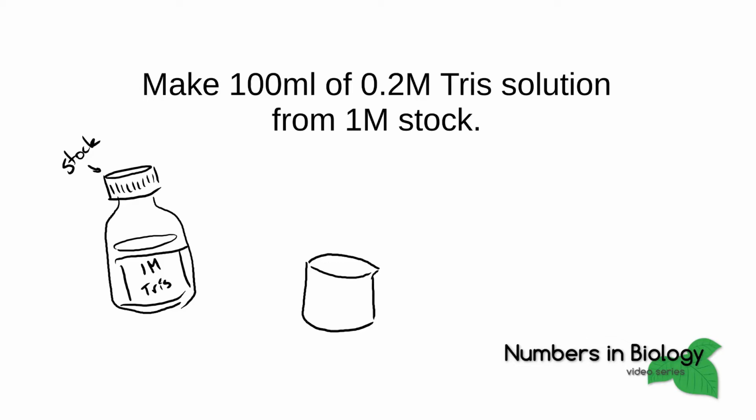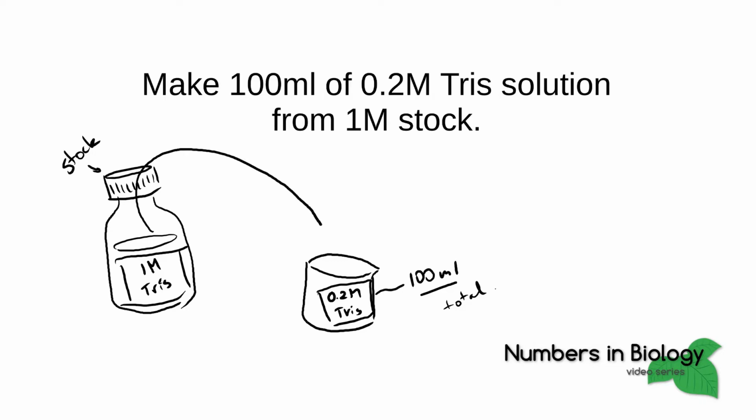You will be making a 0.2 molar Tris solution. So here's our label. And this solution will have a total volume of 100 milliliters. So the question is, how much of this do you take and transfer into the beaker?